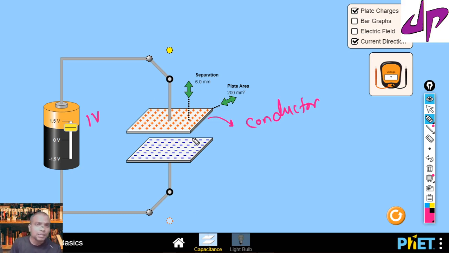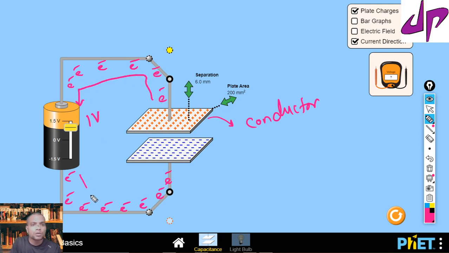It means electrons start to move from this conducting plate through the wire because of this potential difference, and these electrons reach the other plate. So this is the direction of the flow of the electrons.